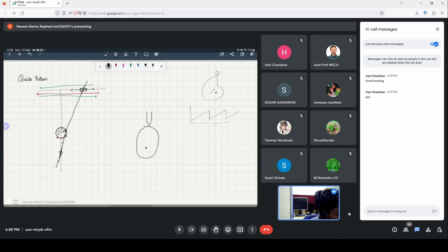So if you were to draw the cam output versus time, given a constant velocity here, it will be slightly sinusoidal.